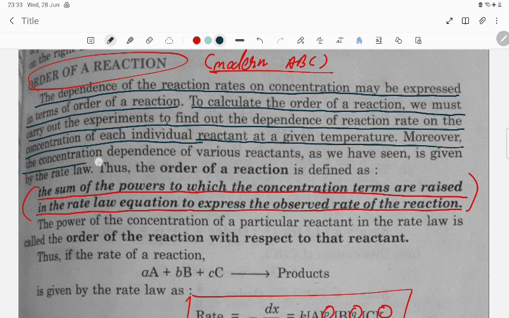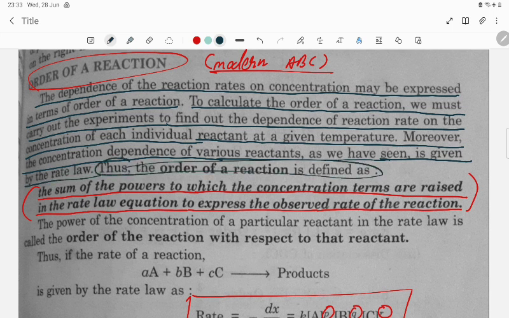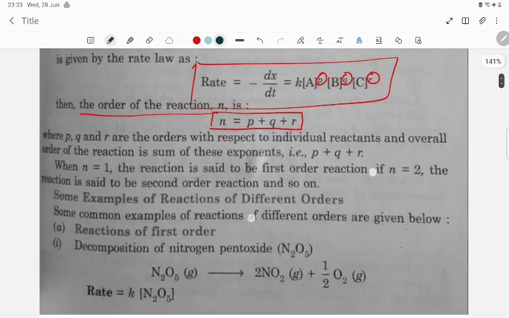Moreover, the concentration dependence of the various reactants, as we have seen, is given by the rate law. Thus the order of reaction is defined as the sum of powers of concentration of the reactants.